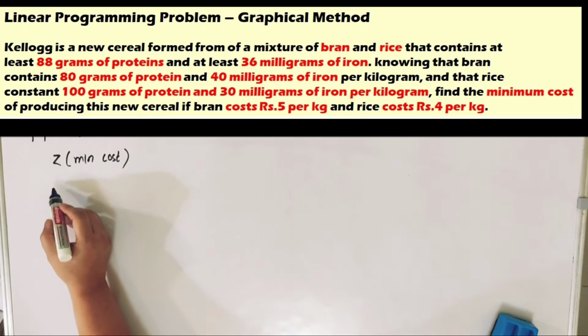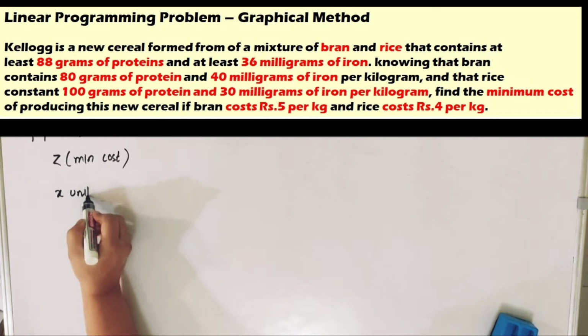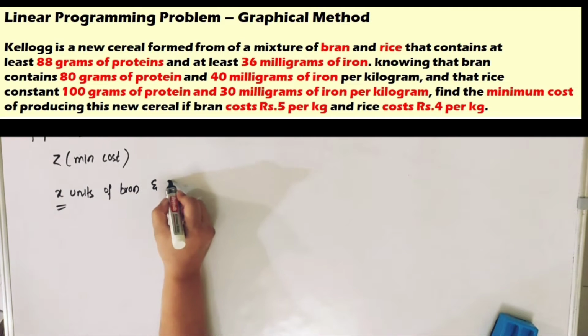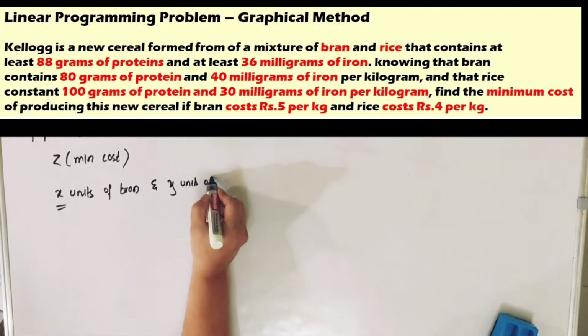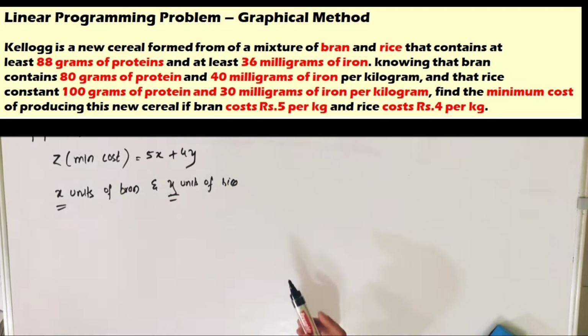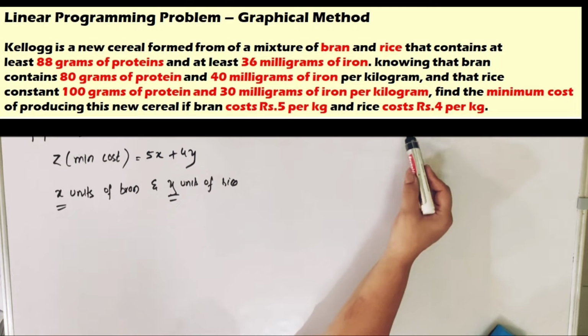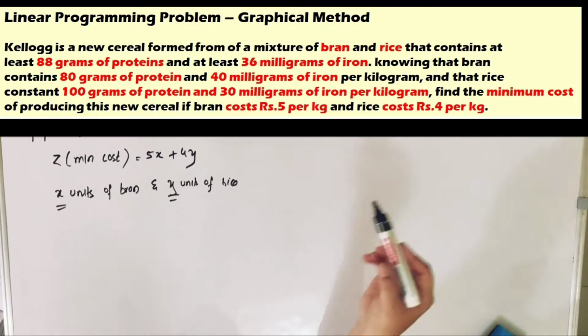Now let's first assume that there are X units of bran and Y units of rice. It's given that the cost for 1 kg of bran is 5 rupees and the cost for 1 kg of rice is 4 rupees.